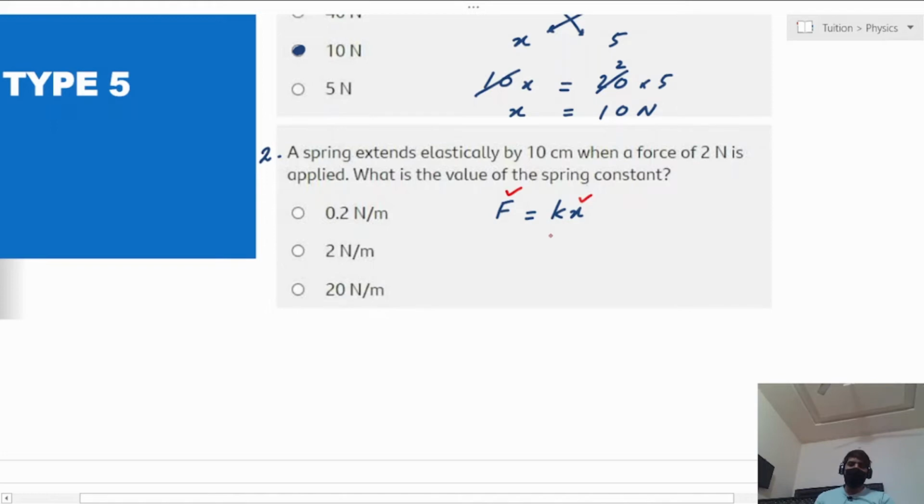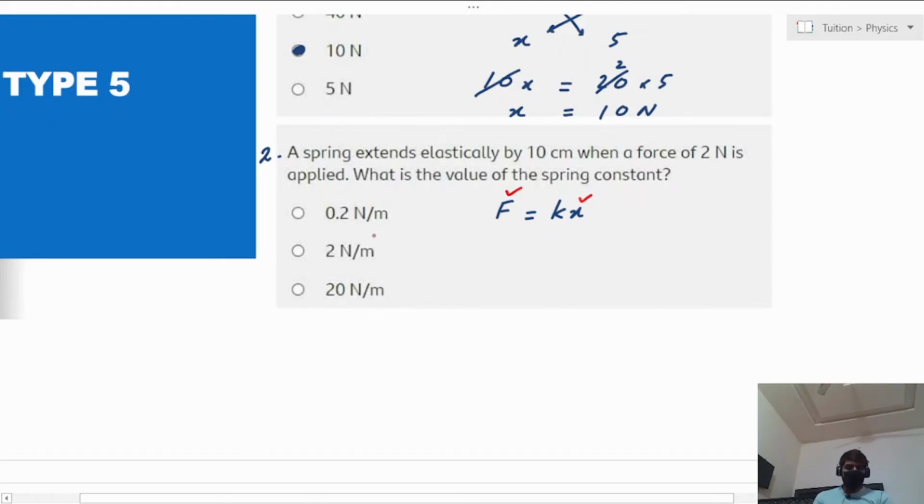You need to calculate spring constant, right? So out of these three things, any two would be given and you'll be asked to calculate the third one. It's not necessarily a formula for finding force or finding spring constant. You can find any of the three things provided the other two are given.